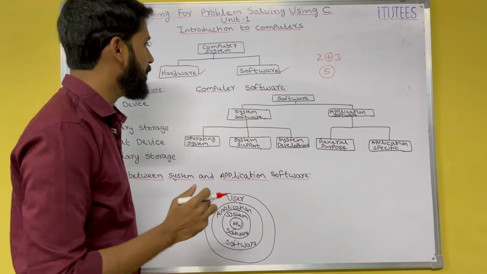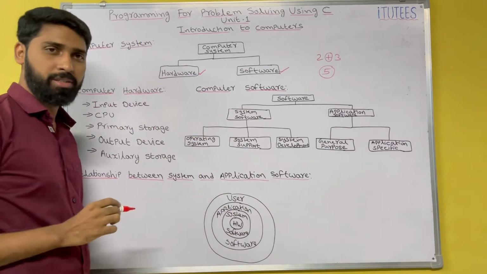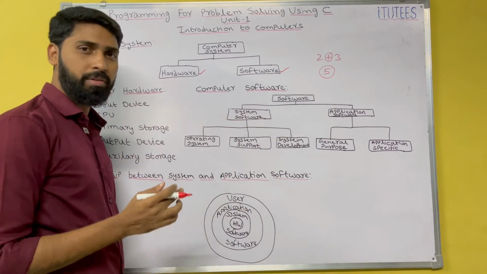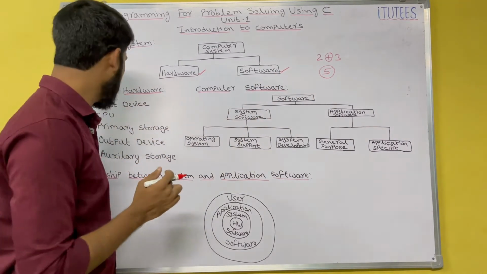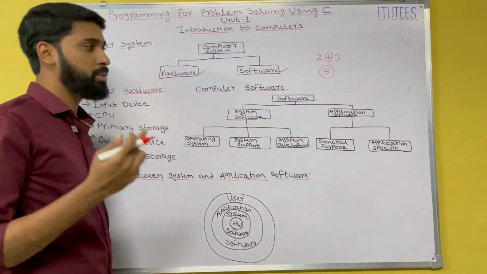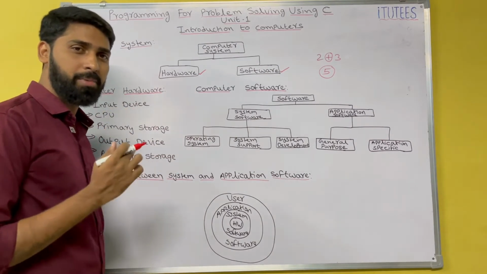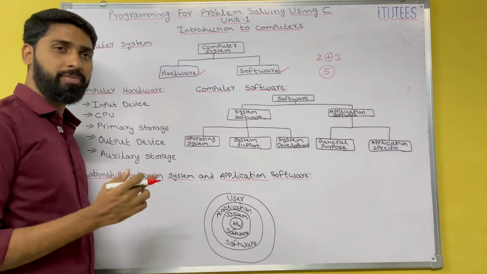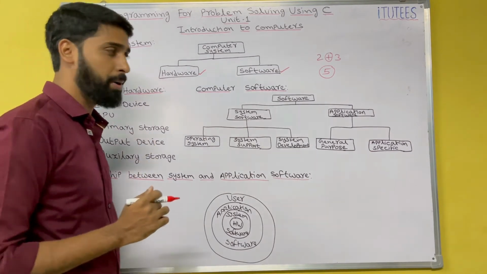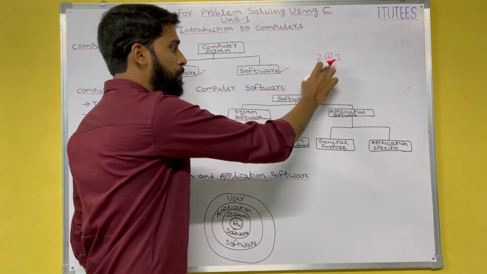Similarly, in hardware devices, we have an input device. What is the input device in this case? My ears. Next, the CPU. The CPU is how I process 2 plus 3 using my mind. Similarly, the CPU is the mind of the computer. Primary storage: where I store these 2 plus 3.